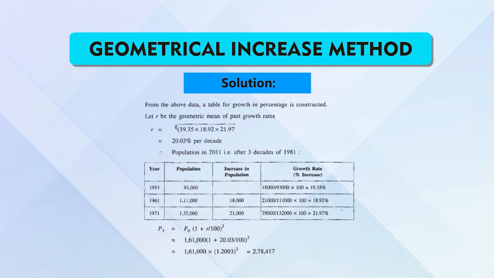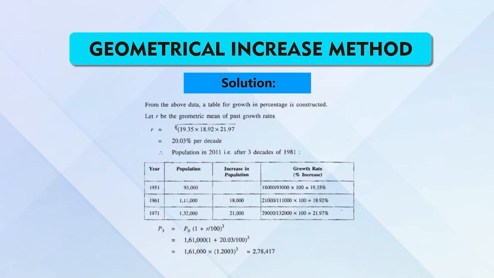In the first case the growth rate is 19.35%. In the second case the growth rate is 18.92%. And in the case of 1971, this growth rate is 21.97%.